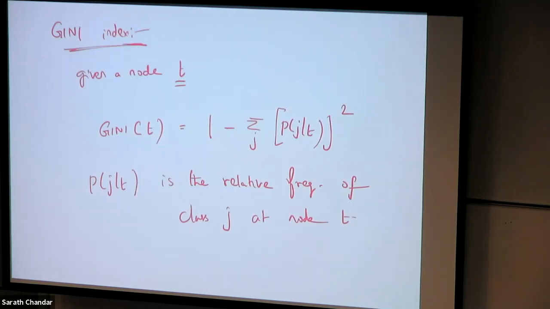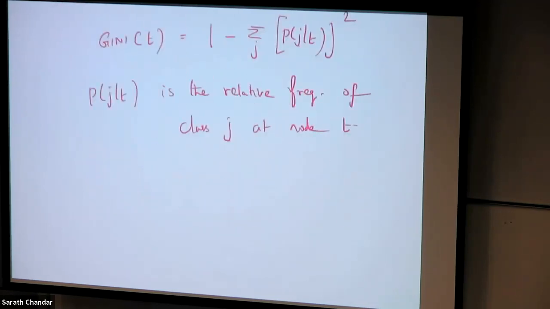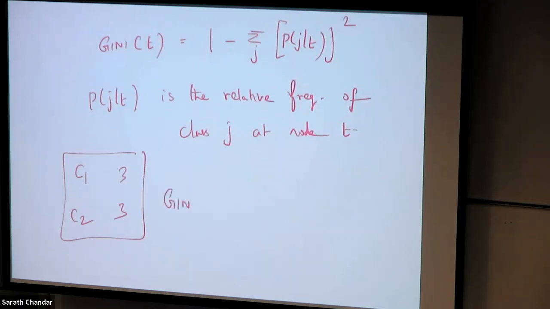Now, let's try to understand what Gini is accomplishing. Imagine there are two classes, and I have a 50-50 data set. What would be the Gini index? Let's say there's class 1 and class 2, with 3 examples and 3 examples. The Gini index is 1 minus the summation over all possible classes.